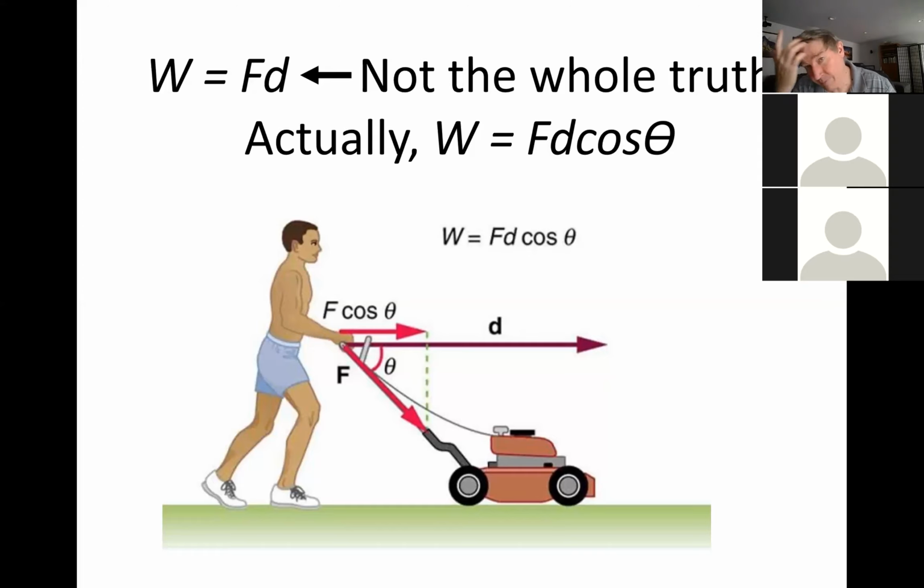If the force is pointing in the same direction as the displacement, you can get away with using work equals force times distance. But be aware that in the real world, they're quite often not pointing in the same direction. So when your math teacher tries to teach you about sines and cosines and tangents, pay attention. That is really important and you need to know it.